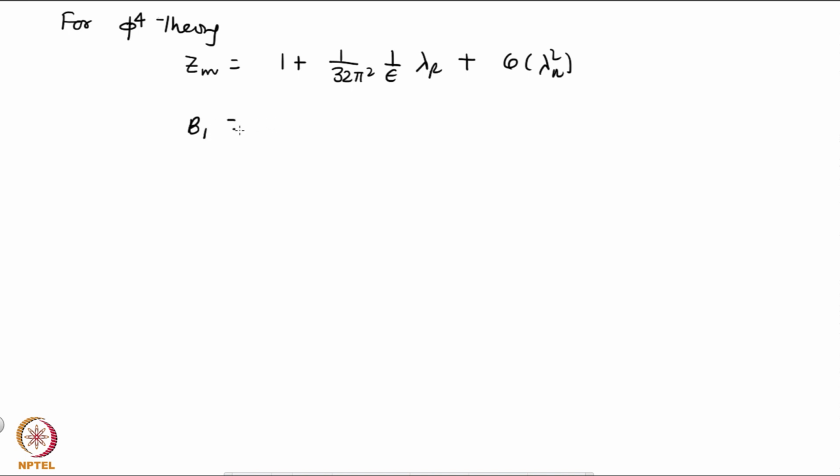So what is B1? B1 is this part, 1 over 32 pi square times lambda r.